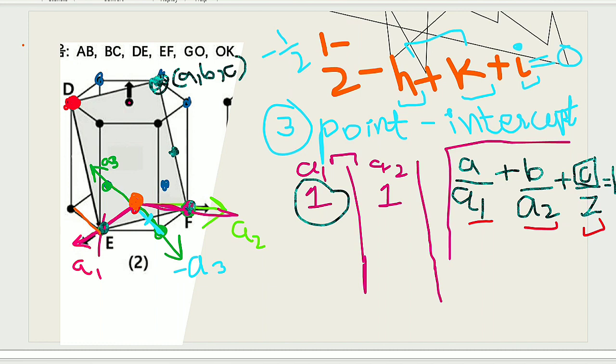What I'm saying is you can do it this way. Starting from origin, this direction is positive A2 direction, and this direction is negative A2 direction.